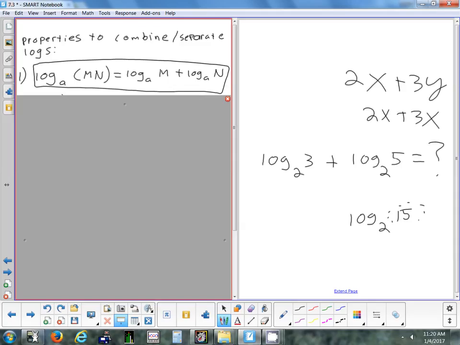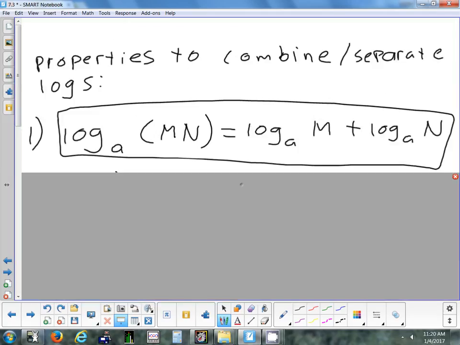So here's the first rule, written out in general. If you have two logs that are separated with an addition sign, like I did, and you want to combine them, you end up multiplying them together and you keep the base the same. Or you can look at that the other way.